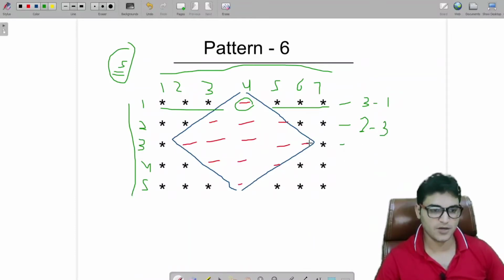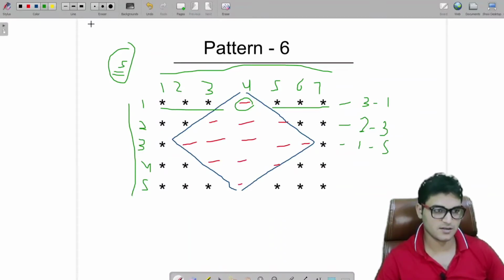In the third row, how many stars do we have? 1 star. So ignore this part for now. Ignore this section. Watch this section carefully, only this. Fine, because we will print this also. If we have gone through this logic, then we don't have to do much to print these stars. So in the third row we have 1 star and 5 spaces.